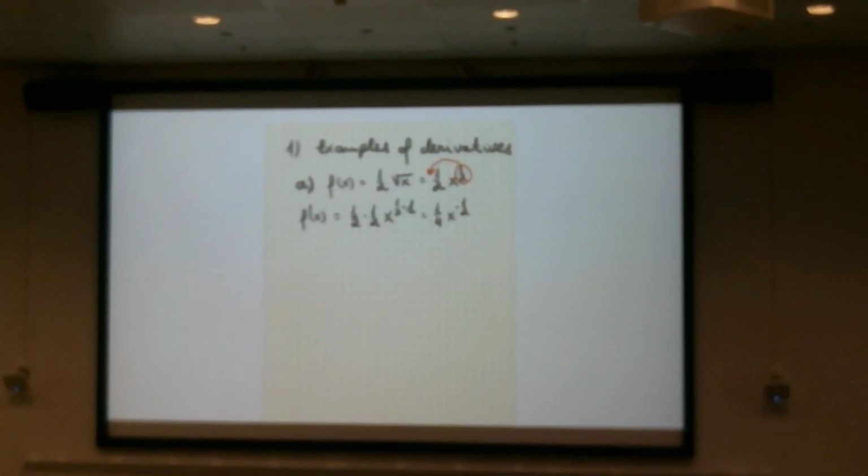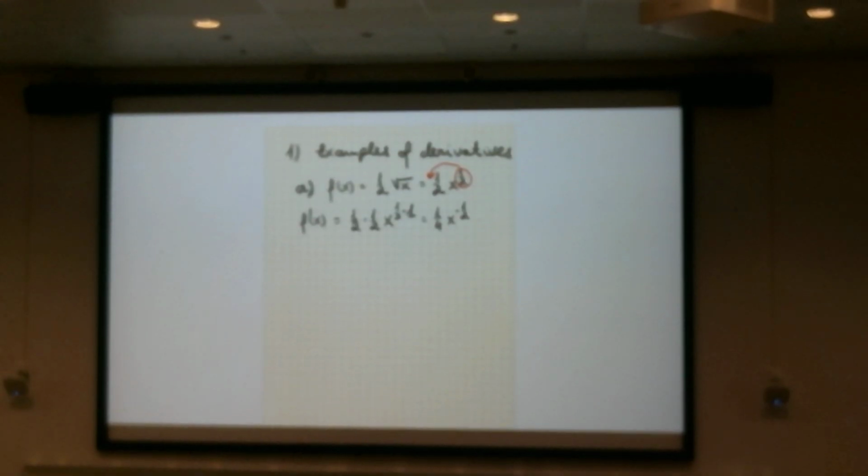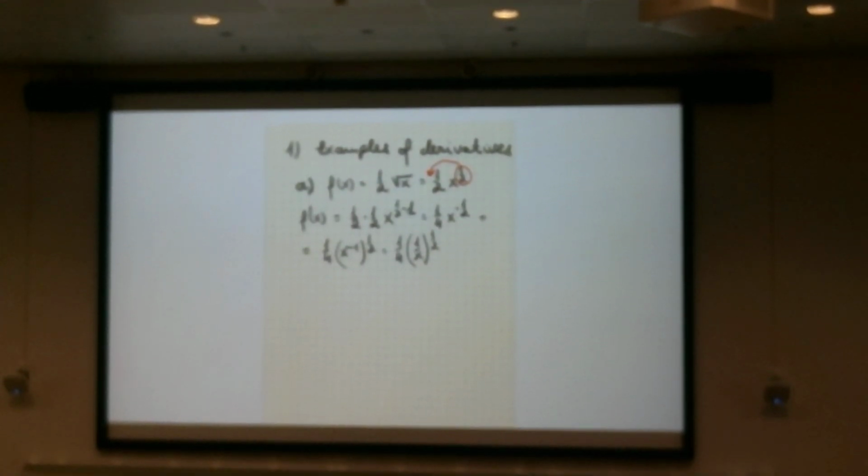I always like using rules of powers a little bit more, and just keeping it a bit neater. So 1 over 4 stays, but I can write this as x to the minus 1, and then all of this is raised to 1/2. Because minus 1/2 is just the multiplication of powers, minus 1 and 1/2. So that is the same as 1 over 4, and x to the minus 1 is 1 over x. And then I have the power 1/2 going on here.